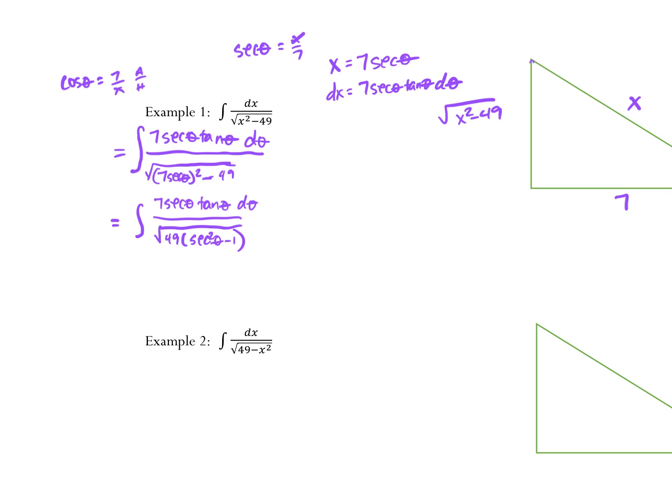What is secant squared minus 1? Tangent squared, right? So now I have 7 secant theta tan theta d theta over, now I can take that square root and have 7 tangent theta.